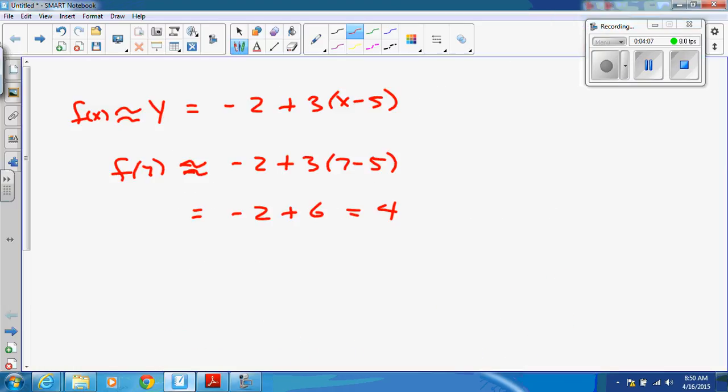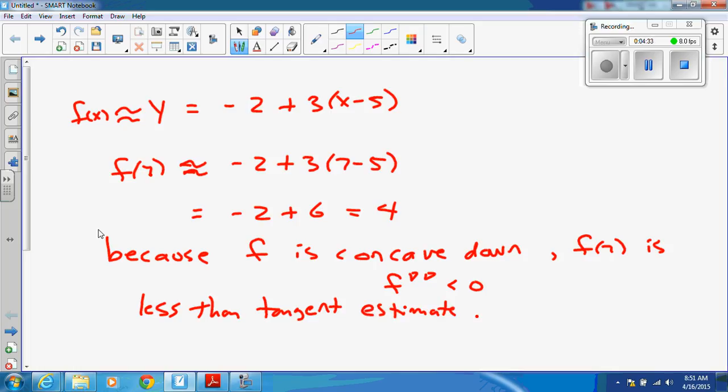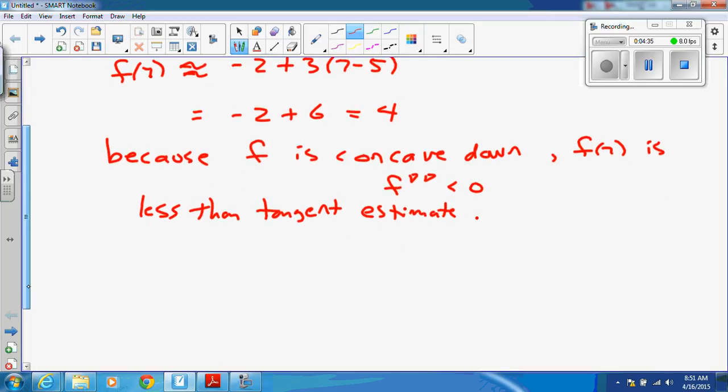And therefore, because f is concave down, or another way of saying that is f double prime is less than 0, f of 7 is less than the tangent estimate. Okay, that's the first part.